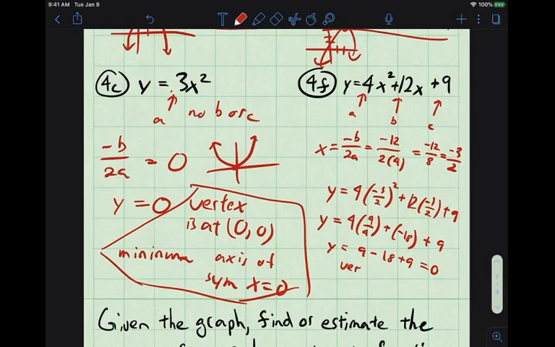So vertex is at negative 3/2 and 0. We see that a value is positive, so your sketch would look like this. It's a minimum. Alright, that was it.